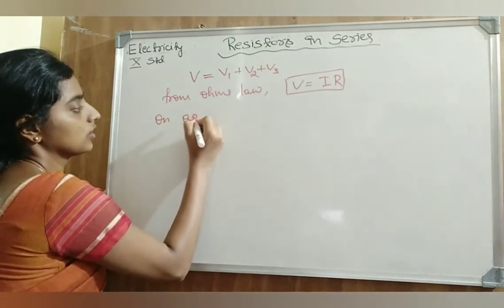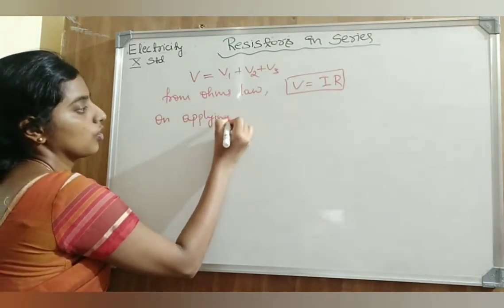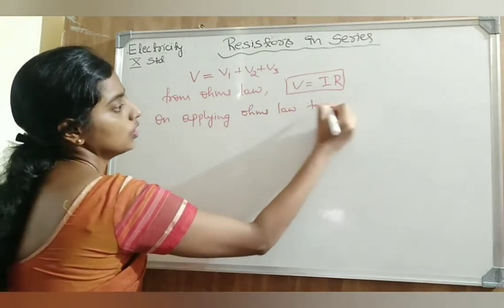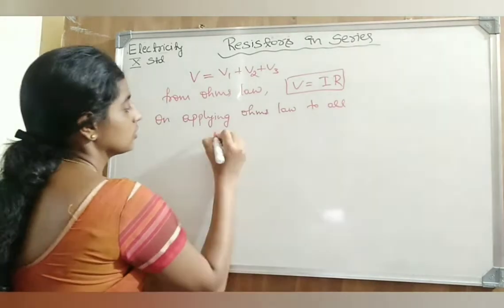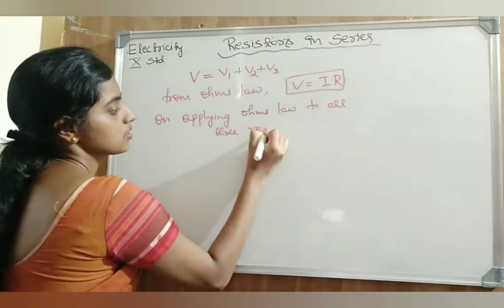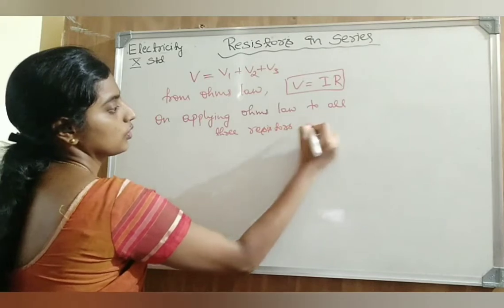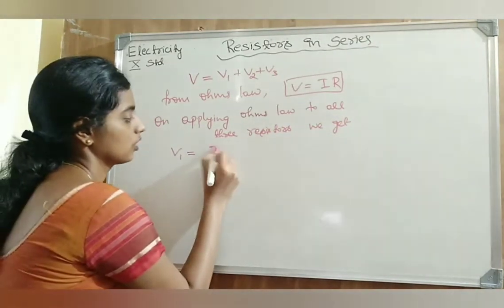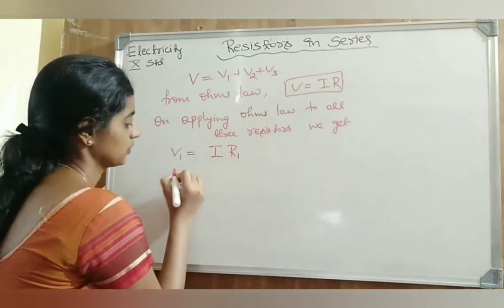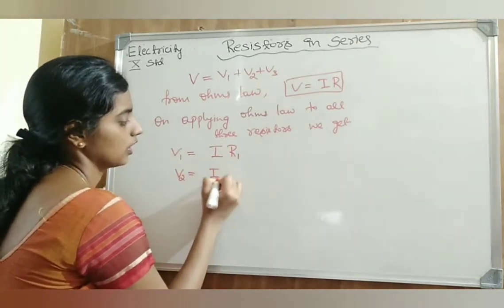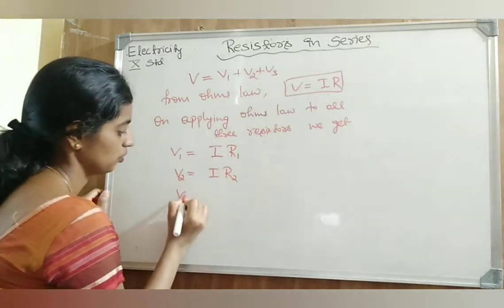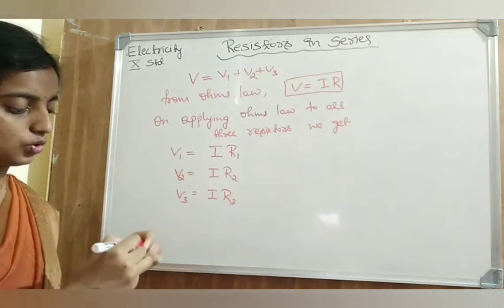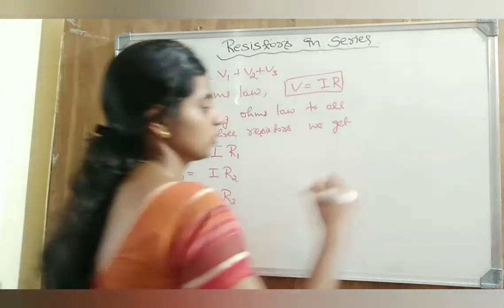On applying Ohm's law to all three resistors, we get V1 equals I R1, V2 equals I R2, V3 equals I R3. Just go back and look at the circuit diagram. We have it like this, right?